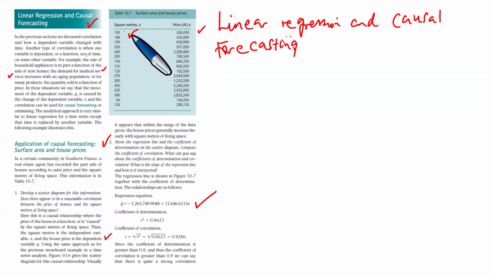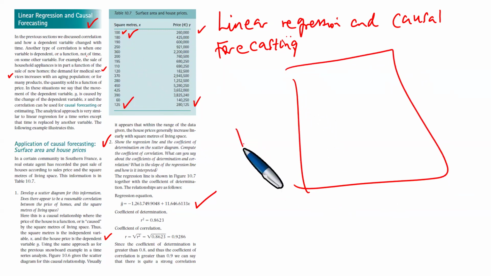If you have 100 square meters, the house price can be around 260,000 euros in France. But if you have 125 square meters, then you have around 280,000 euros. So if you have a larger space, then the house is more expensive than a smaller space in terms of square meters.